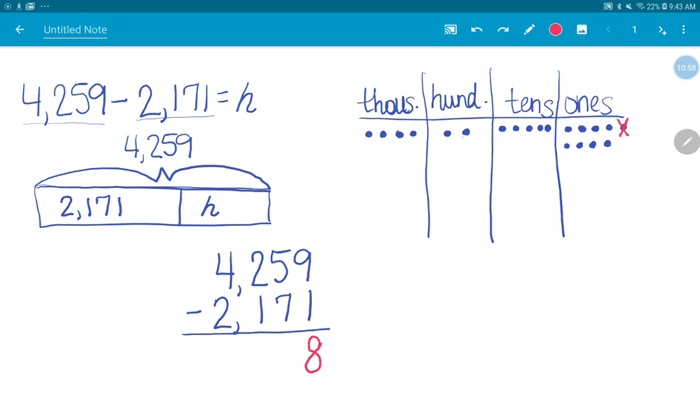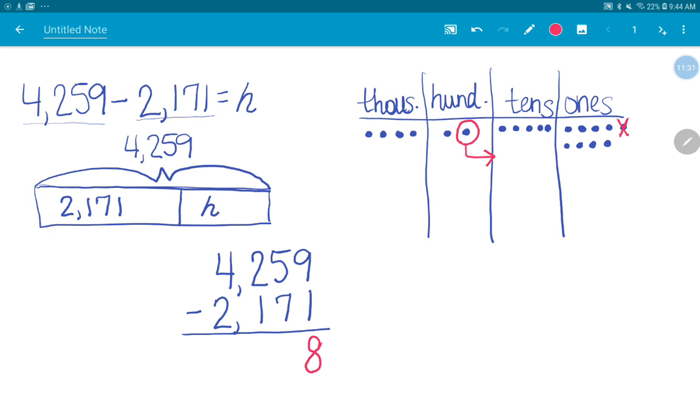Okay. So I need to take one of these hundreds, and you said borrow. So when I borrow, what am I really doing? You're taking 1 from that number. Yeah, I'm going to take one of my hundreds, and I'm going to make it into tens. So if I take this 100 and I make it into tens, how many tens do I put in my tens column to equal the same amount? 15?